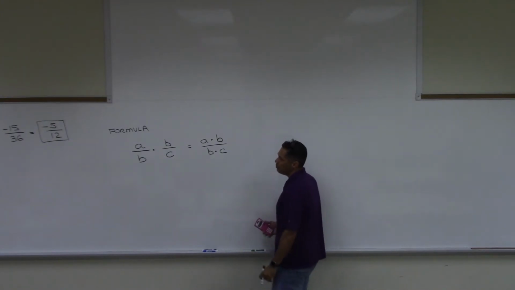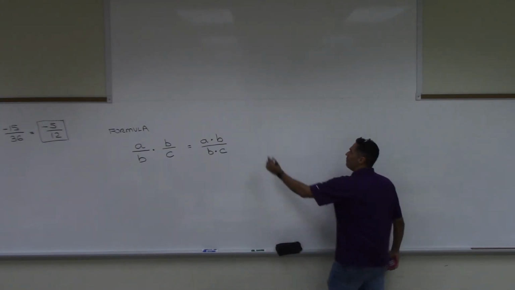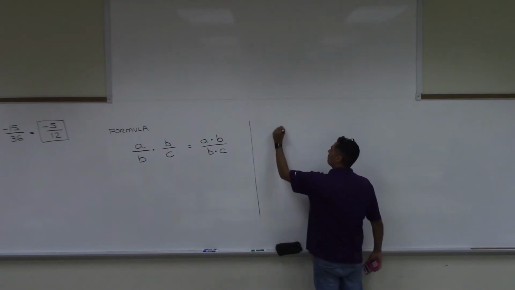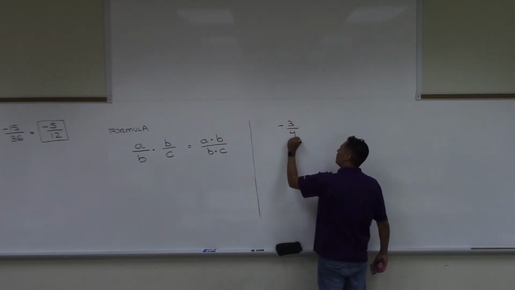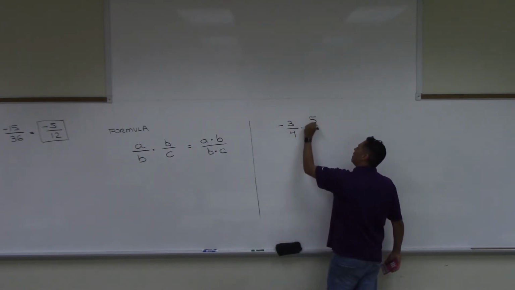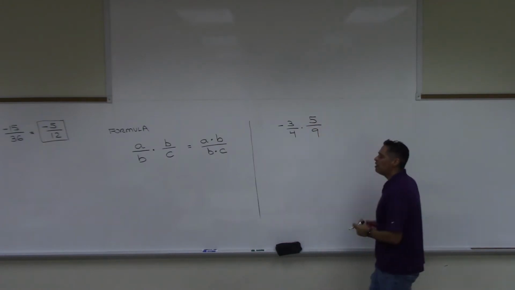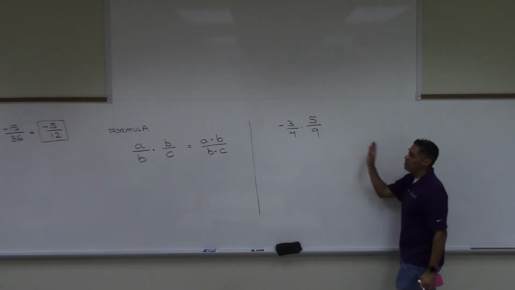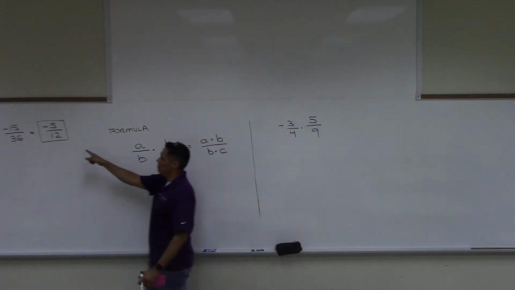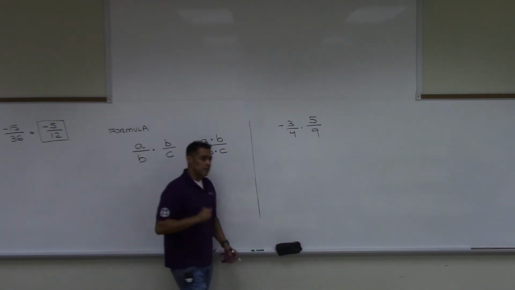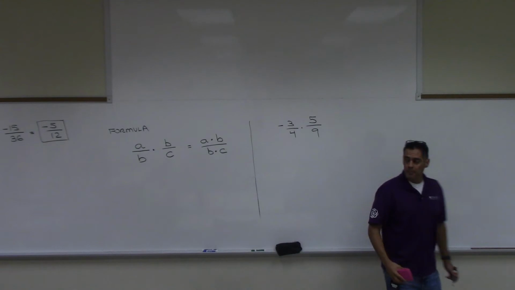Okay? Here's your formula. I'm going to put the problem back up here. Same one. I want to see if anyone can tell me if there was something we could have done before we did the multiplication that would have got us to this answer even faster. Go ahead, sir. You could divide the 3 and the 9.